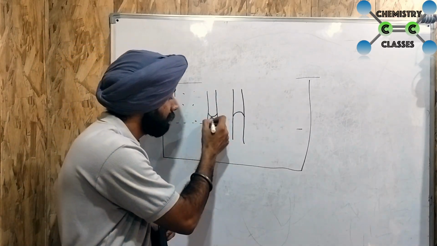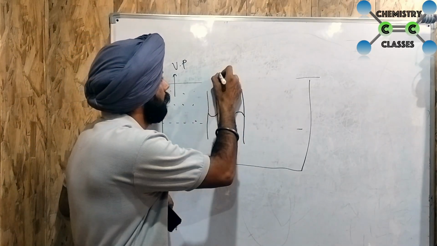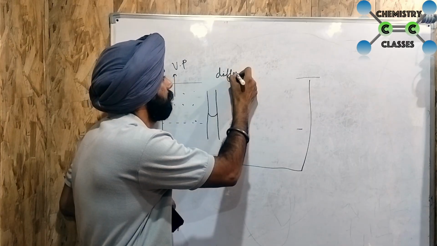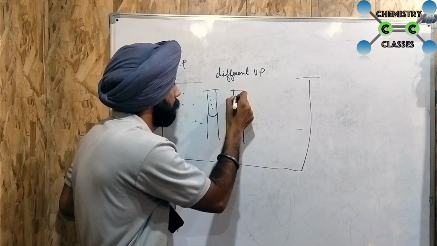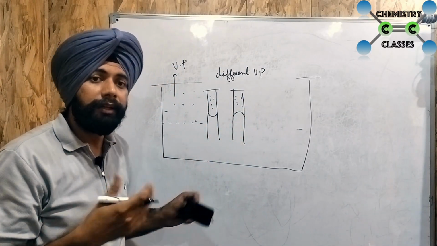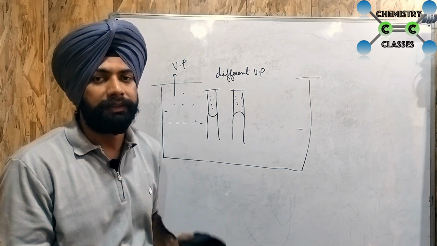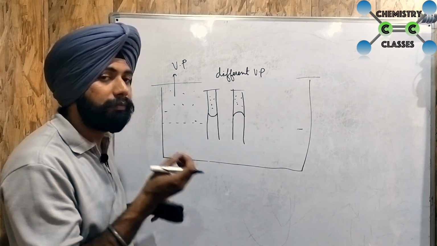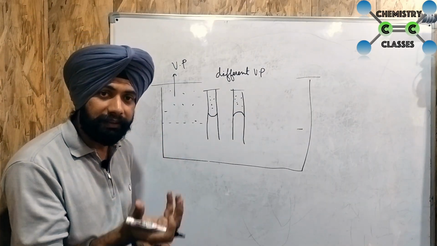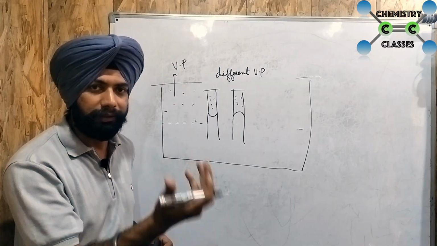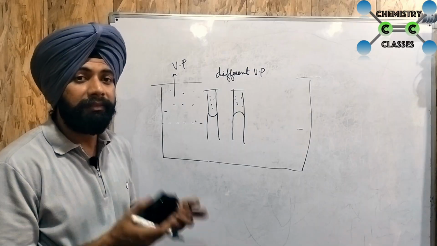But now, since this is a curved surface, it would have a different vapor pressure, different from that around and above it. Both of them will have different vapor pressures, and that is where the importance of Kelvin's equation comes out. It is important because we are talking of a radius, a curvature that is forming within or outside the liquid. Here is the importance of the Kelvin equation.